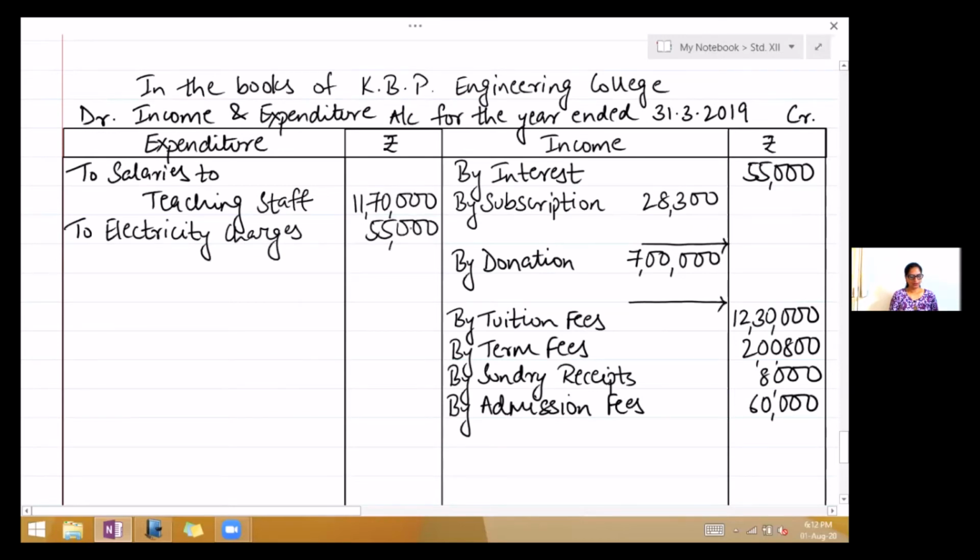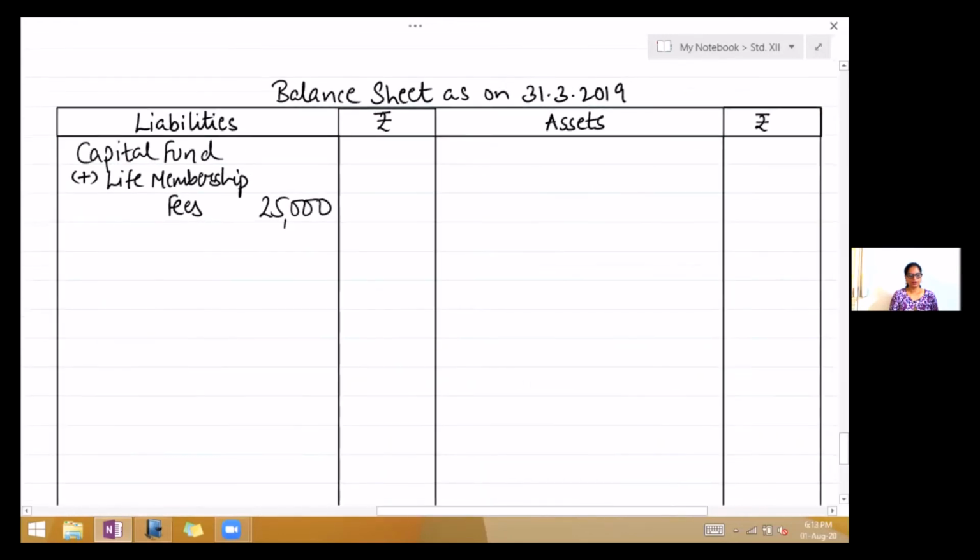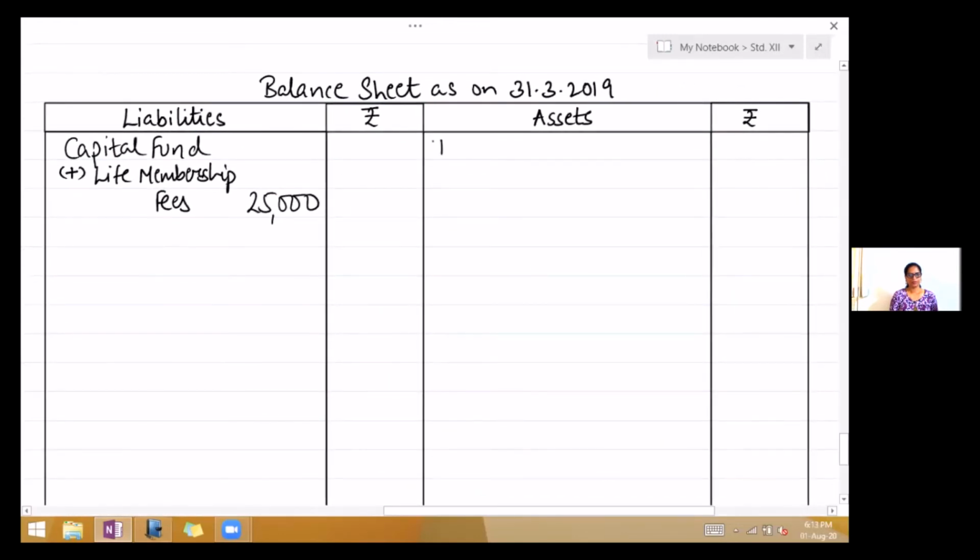Now children, we are given here books, furniture. They are assets, but whatever is given on the payment side are purchases made during the year. They are not the opening or closing balances. They are purchases made during the year. So come to the asset side, write books. Now leave the first line because we have to write the opening balance. Second line, write add purchases, 61,000.